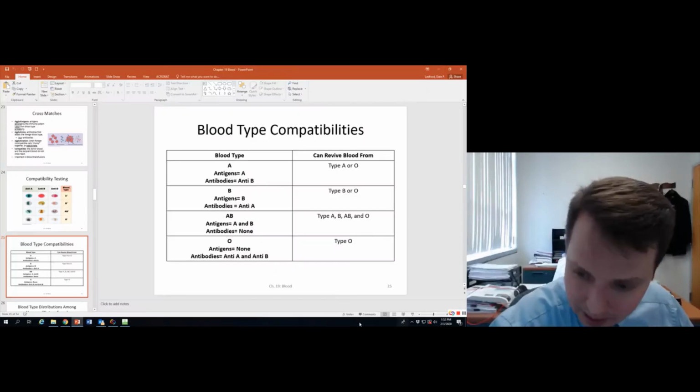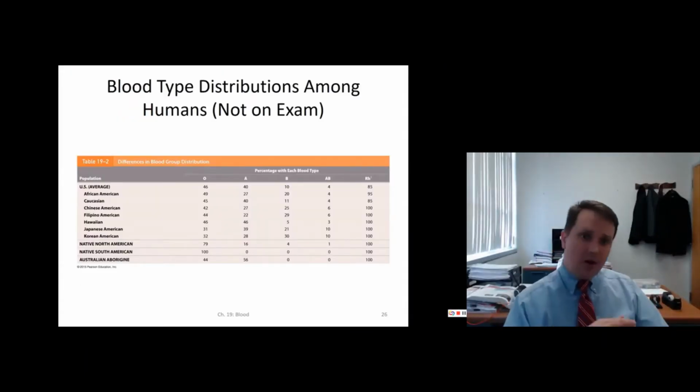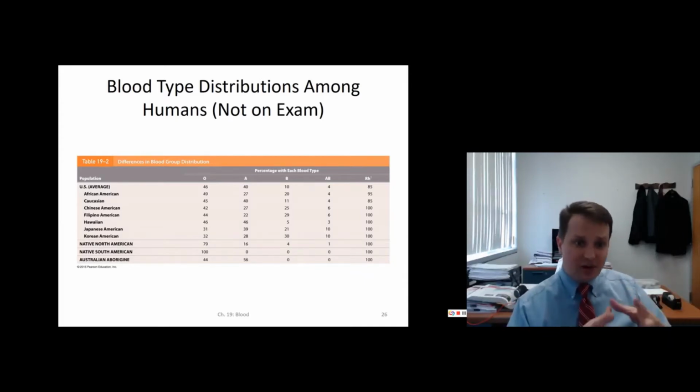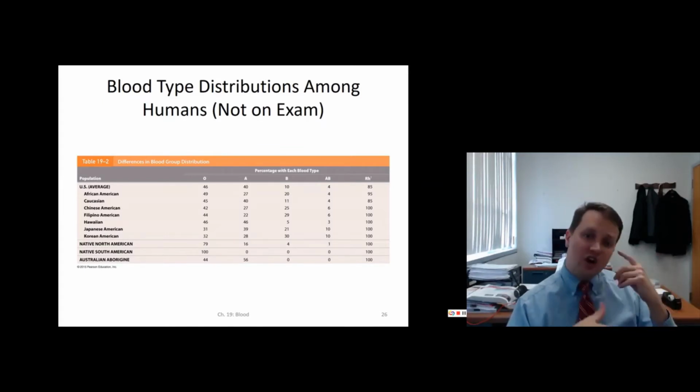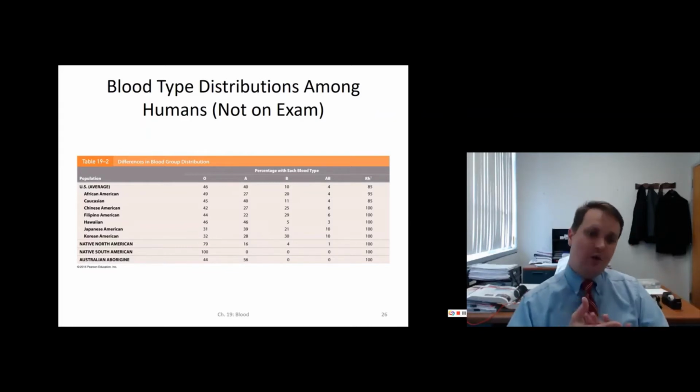Okay. Now, these are not on the exam, but I do want to make sure students understand that between different races and ethnicities of humans, there are different distributions of blood types, where certain antigens are more common in certain populations. For example, in America, you might see that 100% of Chinese Americans have the Rh antigen. Things like that.